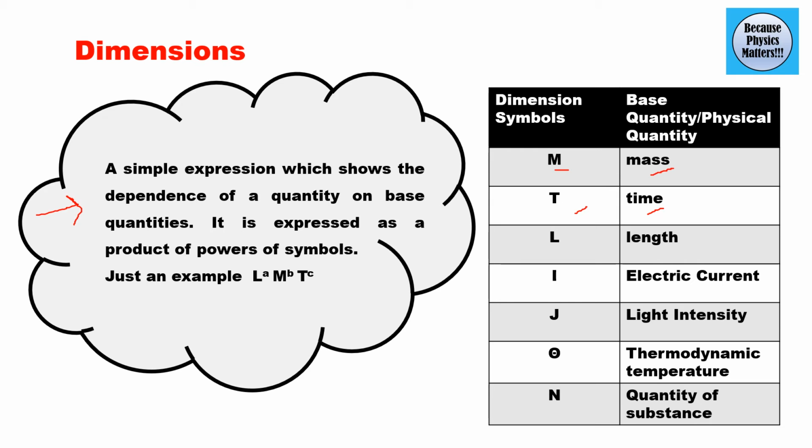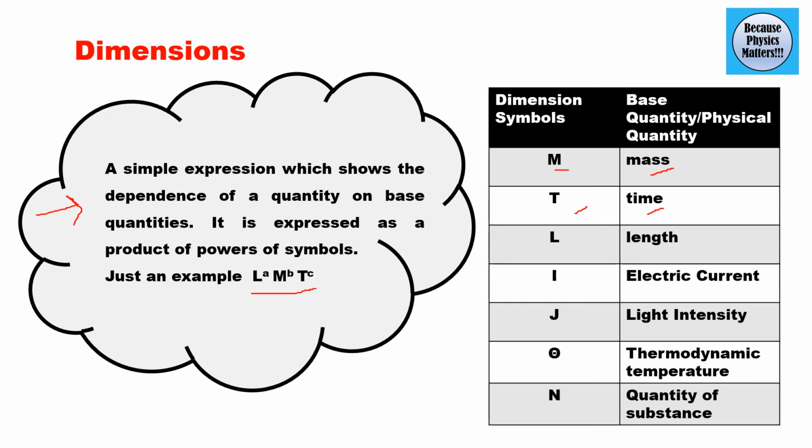So that is the concept: a simple expression which shows the dependence of a quantity on base quantities. It is expressed as a product of powers of symbols. So I will show you, because right now you can understand this is L to the power A, M to the power B, and T to the power C.